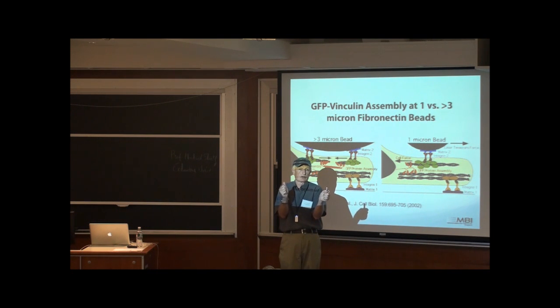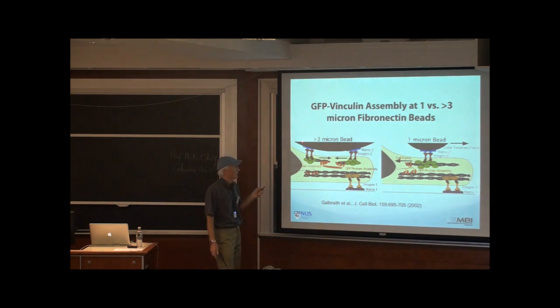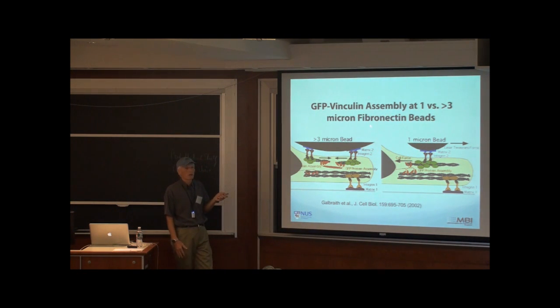Okay. Because obviously the bead could be likened to a glass surface, and we know that the cell is capable of assembling adhesions at the glass surface. So really, how large an area of contact do you need? And she determined that greater than 3 micron beads would have a sufficient area of contact with that surface that you could assemble adhesions there.